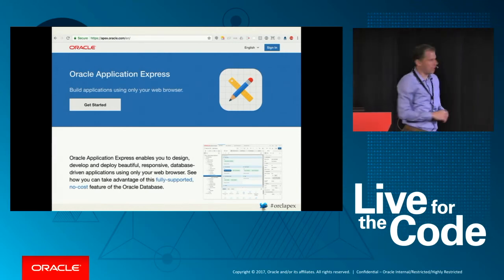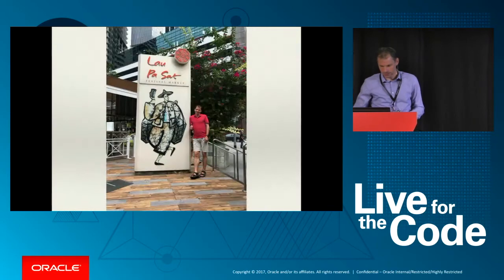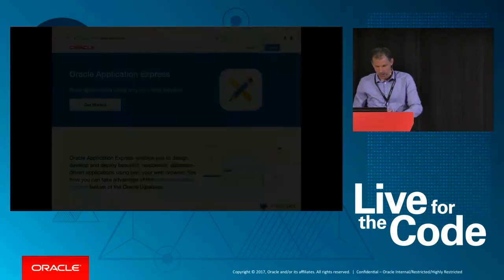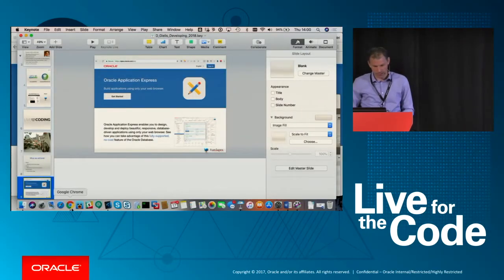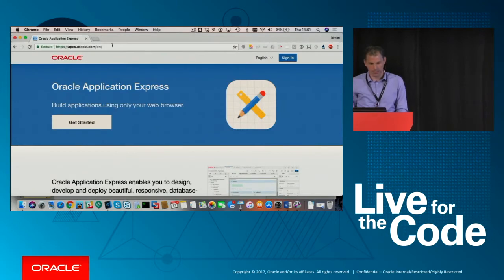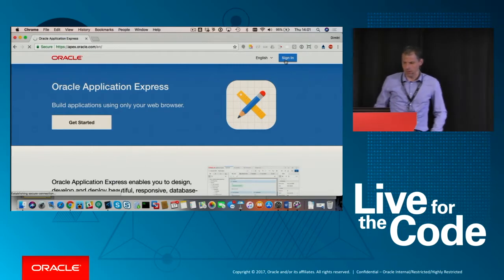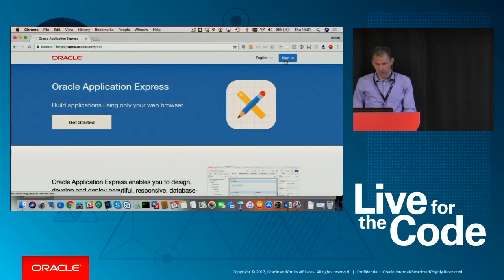So you go here, you sign up, and I'll show you that as well. So we go to this site. I can sign in. I already signed up for an account, so I'm just going to sign in. I'm doing everything live, so hopefully the internet is going to be good. Let me try again. So sign in.